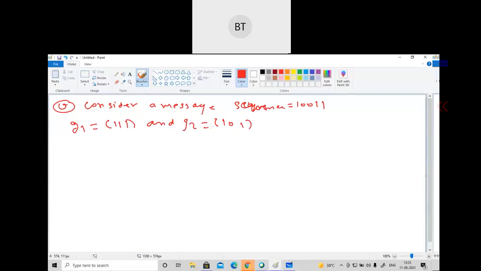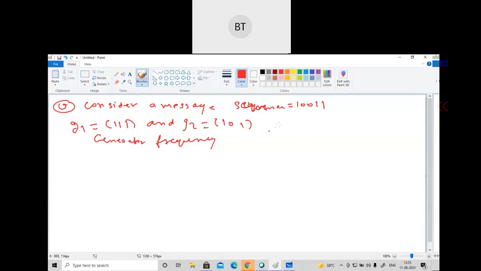So this is the generator sequence. But in the linear block code we have seen the generator polynomial. So these two are different. If the problem gives a generator polynomial, it is a linear block code problem. If it is a generator sequence, it is a convolution code.